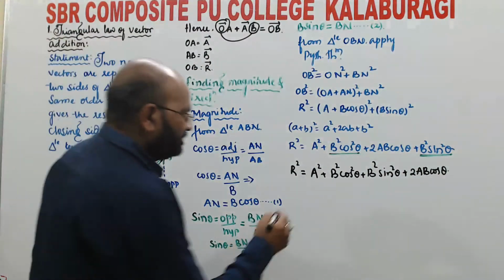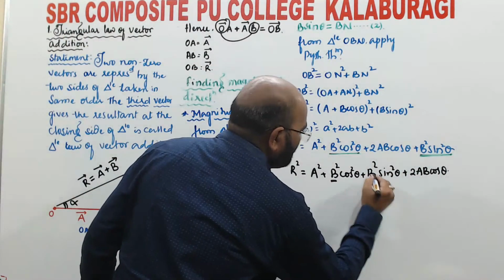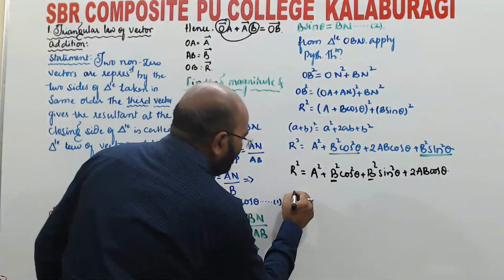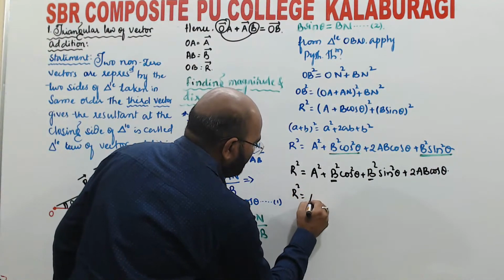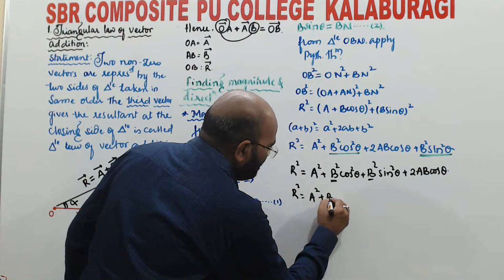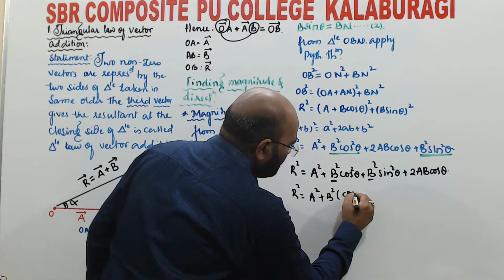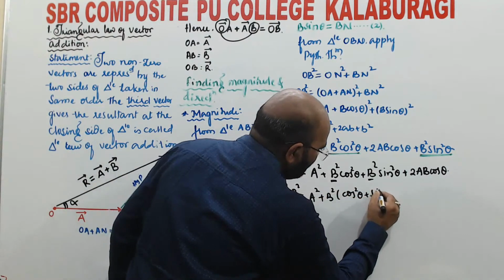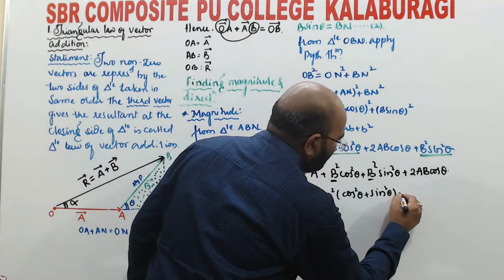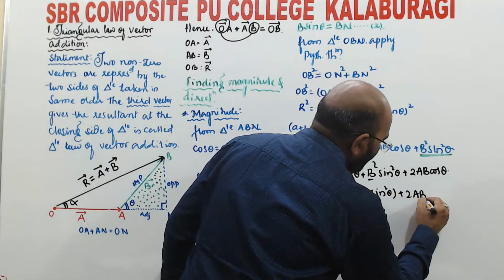What is common here? b square is common, take it outside. R square is equal to a square plus b square into (cos square theta plus sin square theta) plus 2ab cos theta.